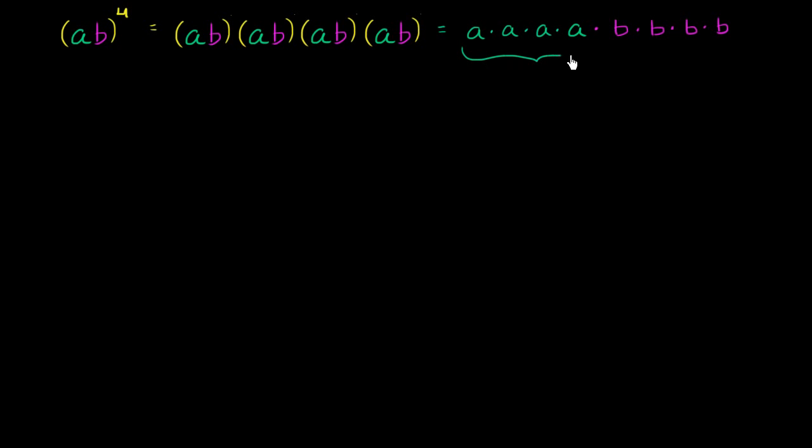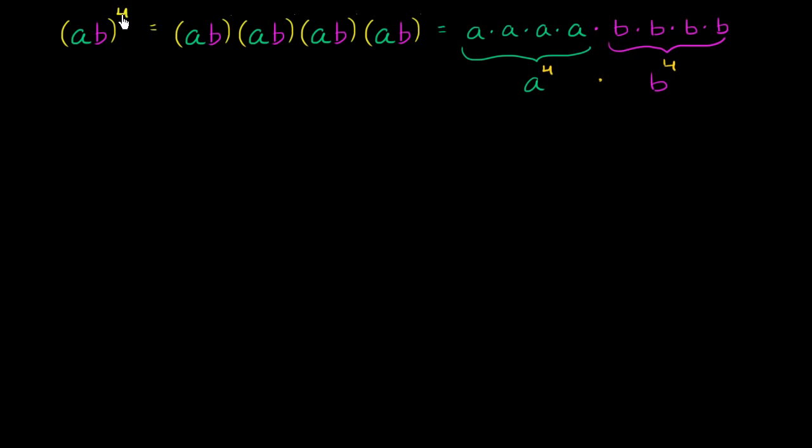Well, this is A to the fourth power, and this is B to the fourth power. And so you see, if you take the product of two numbers and you raise them to some exponent, that's equivalent to taking each of the numbers to that exponent and then taking their product.